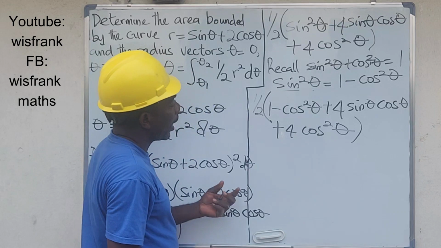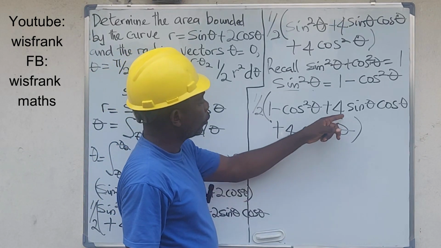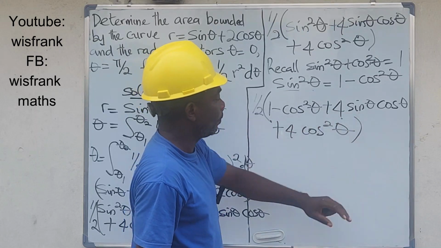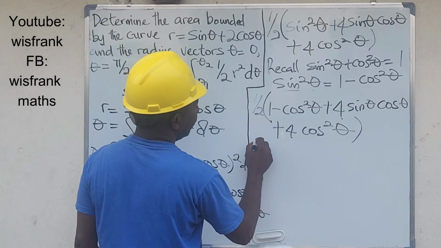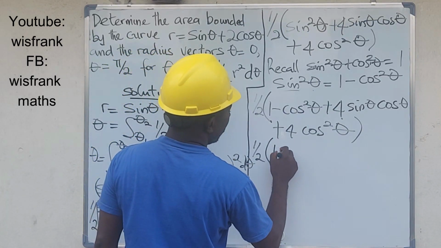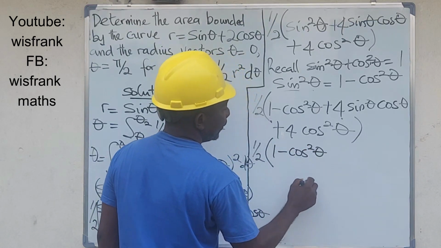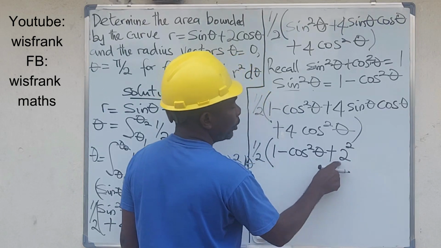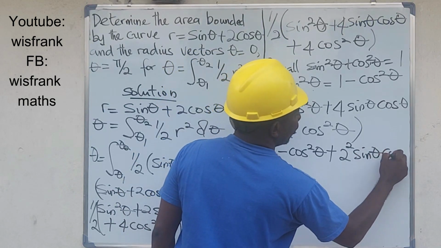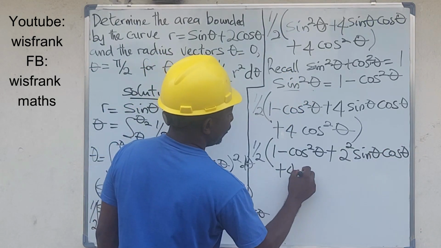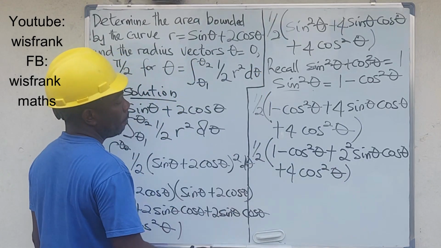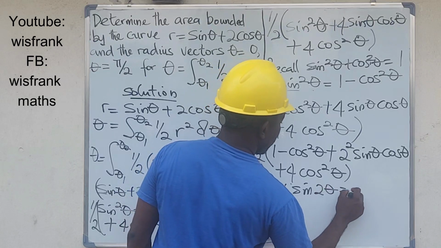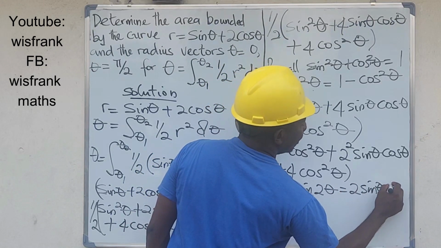In this case, we have to evaluate this to eliminate this 4 sine theta cos theta. We can further break this down. So we have 1 over 2 into 1 minus cos squared theta plus this 4, which can also be written as 2 times 2 sine theta cos theta, then plus 4 cos squared theta. Here, recall that sine 2 theta equals 2 sine theta cos theta.